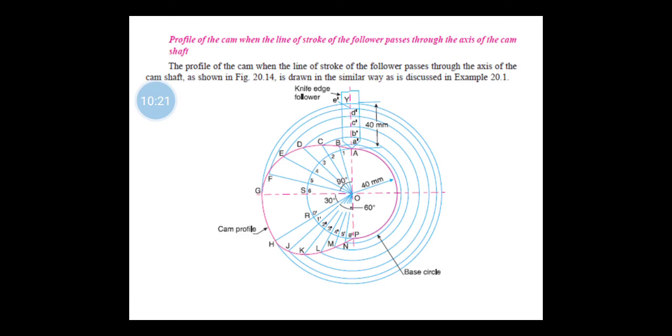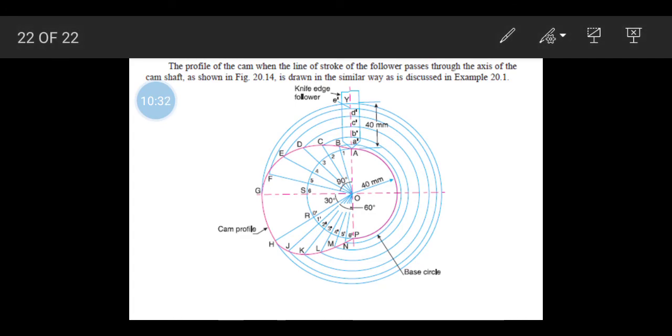Now to construct this part, the profile of the cam with the line of stroke of the follower passing through the axis of the camshaft, we will be constructing this as a circle. In this circle, based on the radius, that is the stroke of 40 mm, we will construct it.